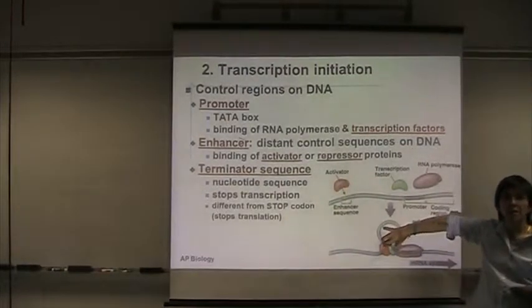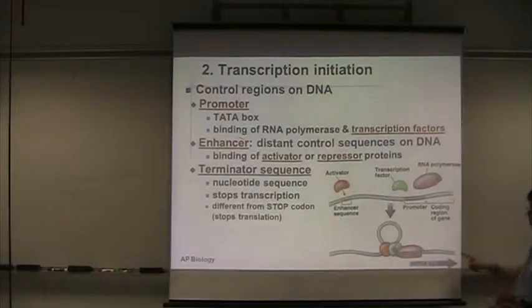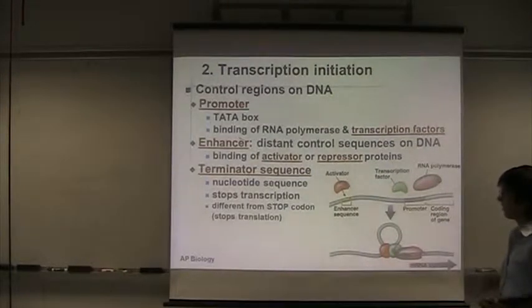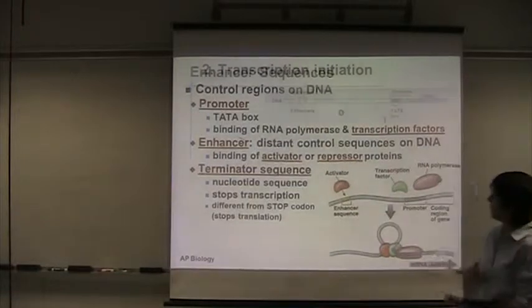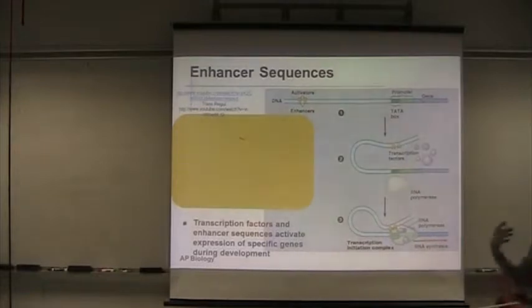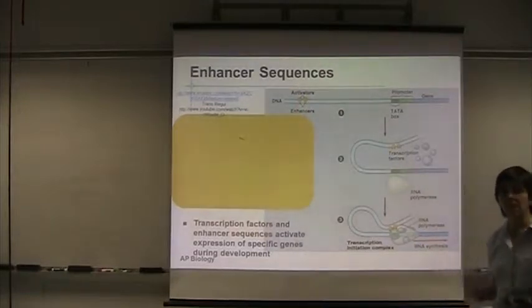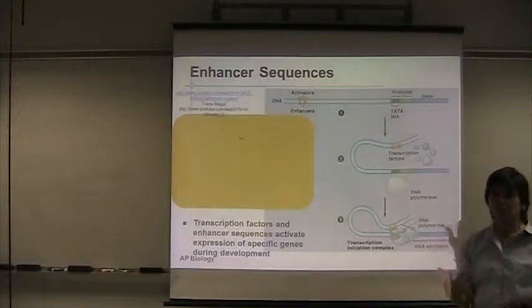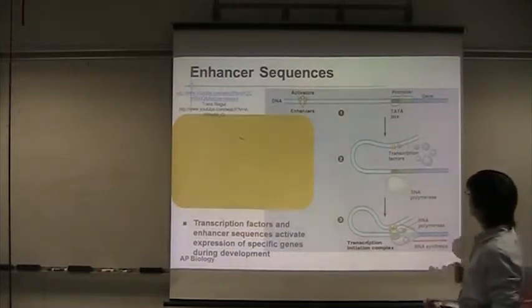All these proteins have to come together for RNA polymerase to be able to take off and transcribe. So very important. Here I have the same diagram. This is also in your textbook. I want you to be familiar with different diagrams representing the same principles because it's all visual. If you see it and you get it, you are in good shape.